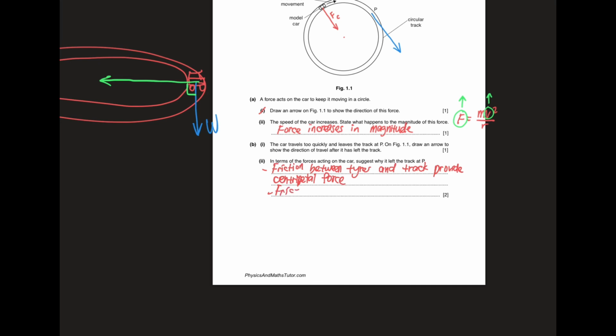The second mark, right? You explain why they will run out of track, because the friction is too small to provide the required force.